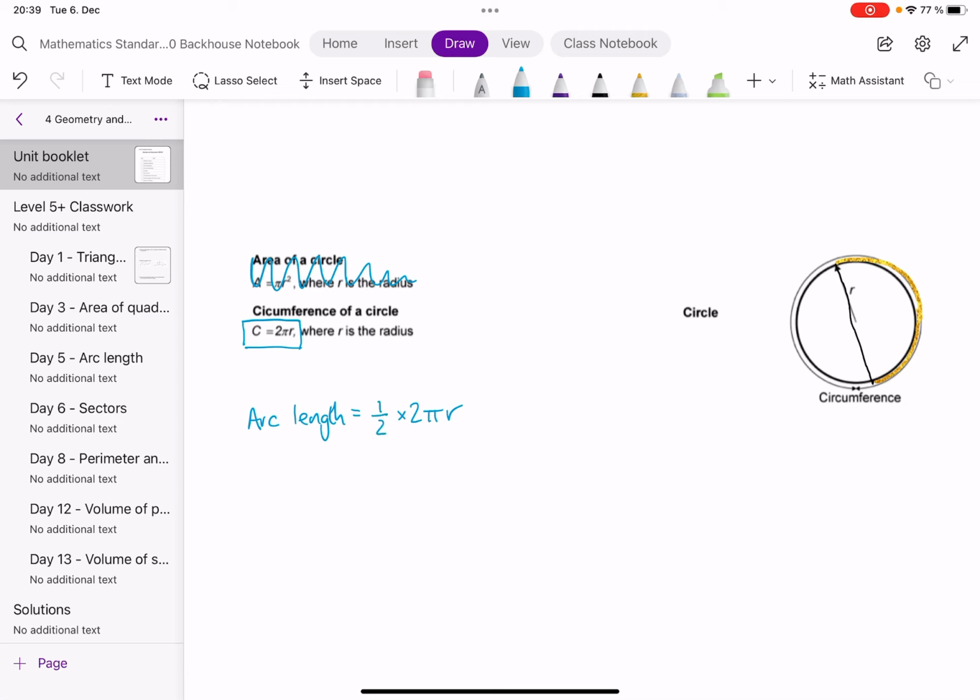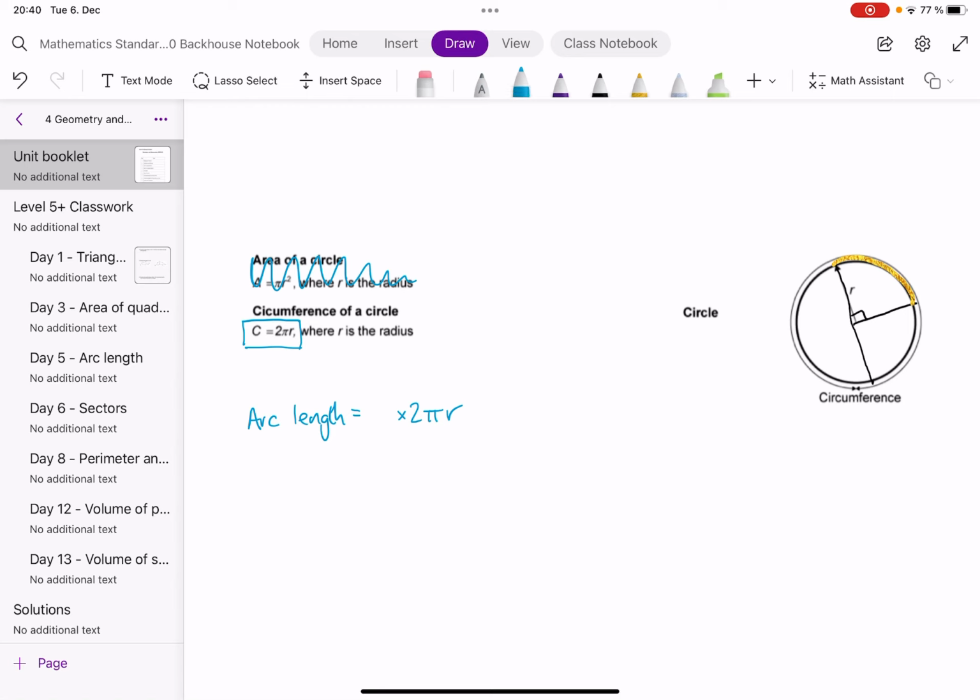Equally, I think everyone would be pretty happy if instead of having half a circle, I had 90 degrees here, because I know 90 degrees is a quarter of a circle. Because then, instead of a half of the circumference, I want a quarter of it.